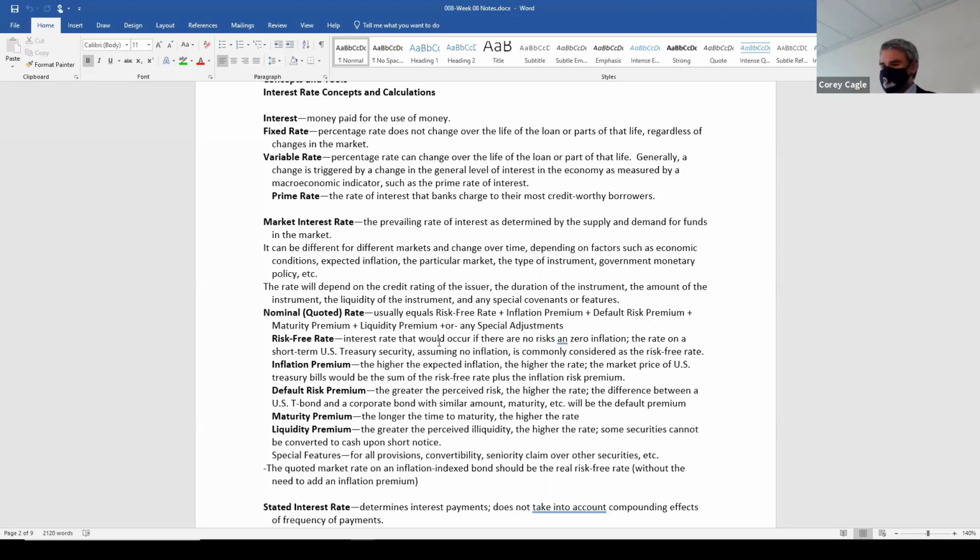The idea here is a lot goes into whatever rate's being quoted to people, right? So yeah, a general understanding of that, I think, is what you need, and an understanding of what all those things are, especially this risk-free rate. That's an important term for sure.